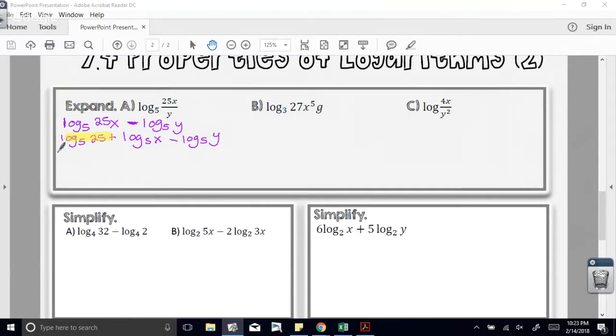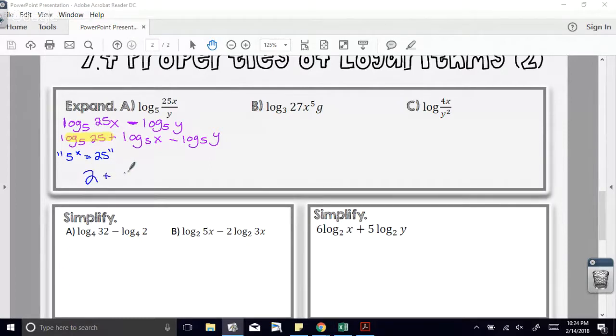So what this is saying, you remember from the other day, is 5 to what power equals 25. Okay, and we know that 5 to the second power is equal to 25. So this whole piece, log base 5 of 25, turns into the number 2.